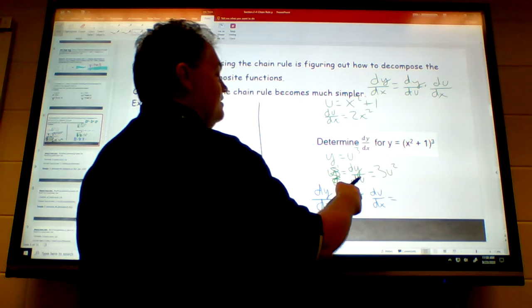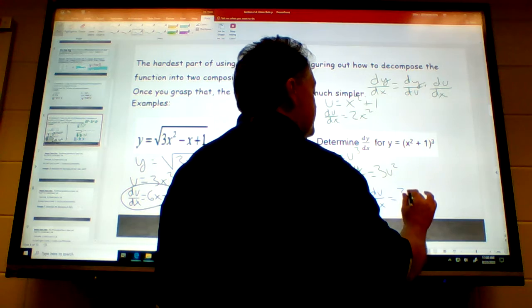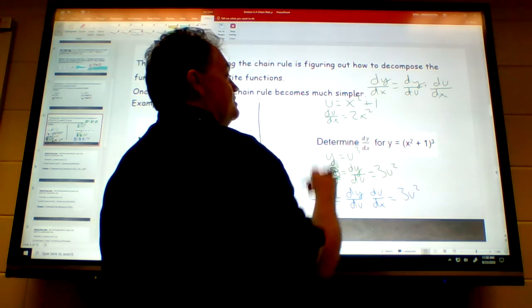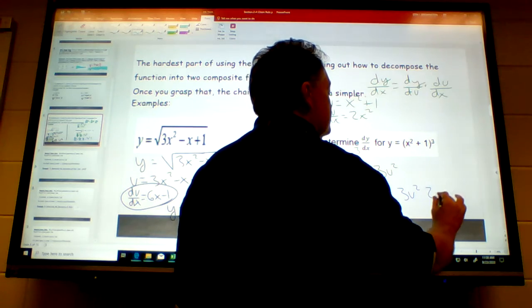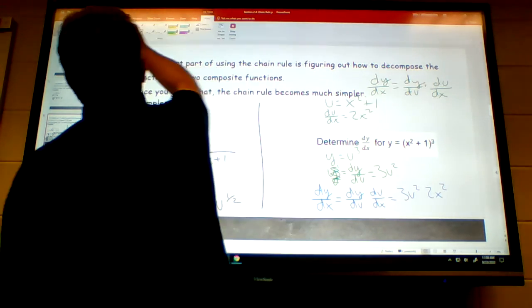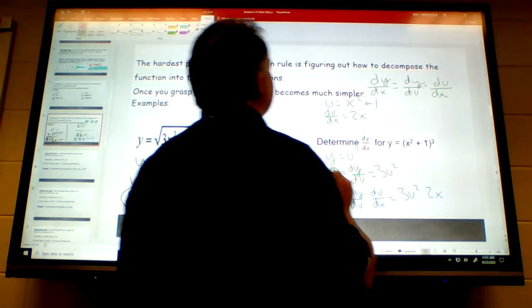Now here's what we have. This value right here is dy over du, that is 3u to the second, times du over dx, which is 2x squared. Excuse me, it's not 2x squared. It is just simply 2x.